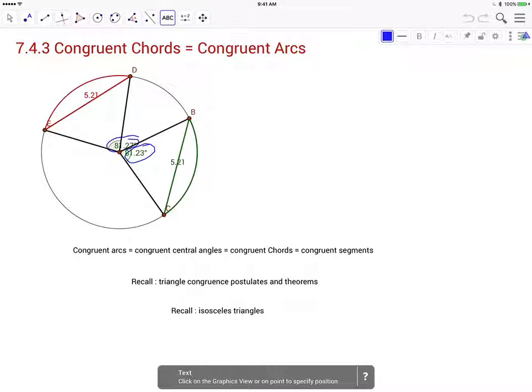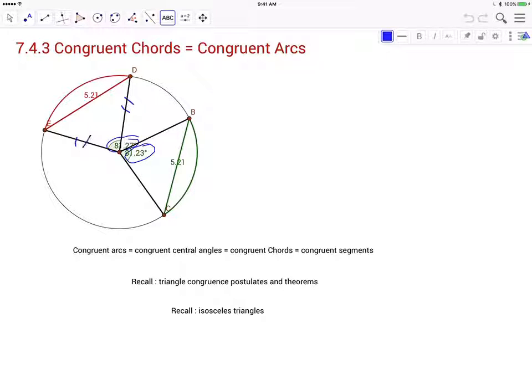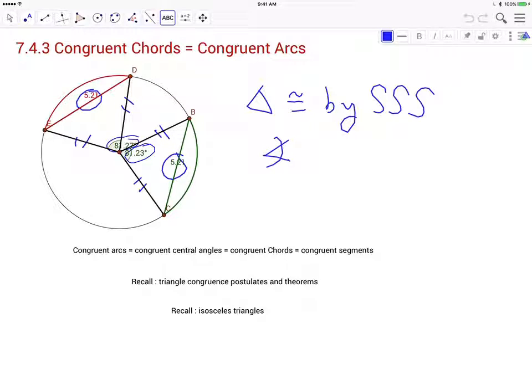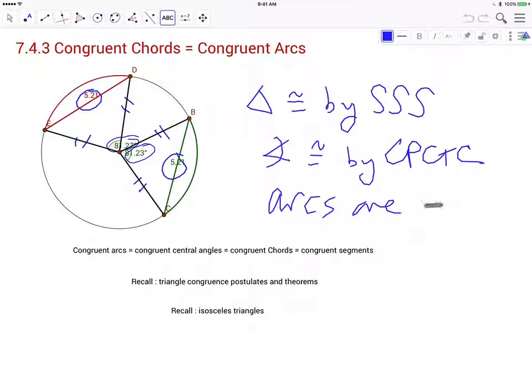And if I've already created this side, I have the triangles congruent by side, side, side, which makes the angles congruent by CPCTC. If the angles are congruent, then the arcs are congruent.